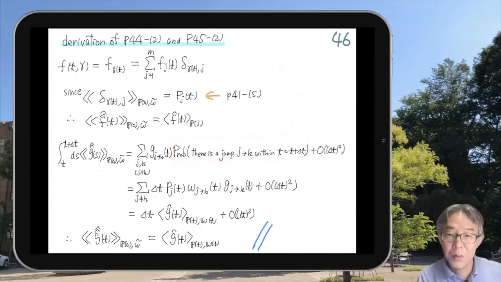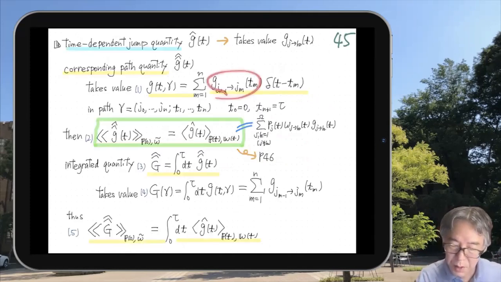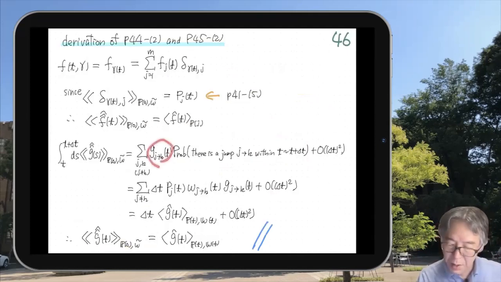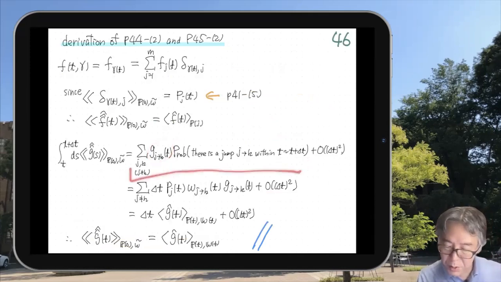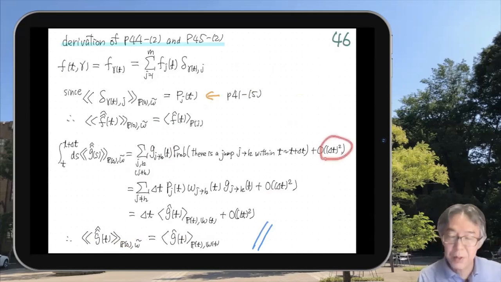So we are taking the expectation value of this 1 or 0 quantity, and the result is the probability that there is a jump from j to k within this time interval. And we sum over possible jk, and well, yeah, this is here, okay? So this is exactly what we did, and the remaining order delta t squared contains the contribution that there are two Tm's within this small interval, and so on.